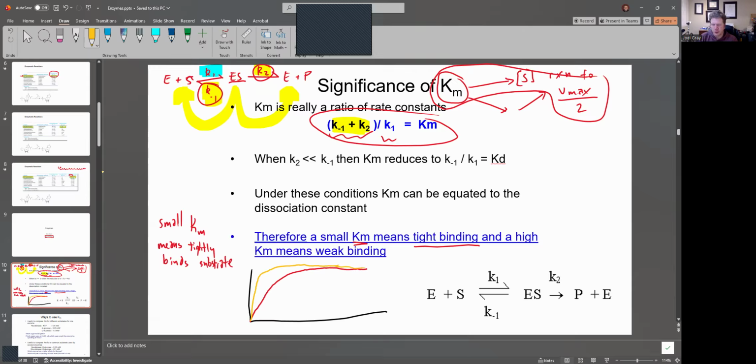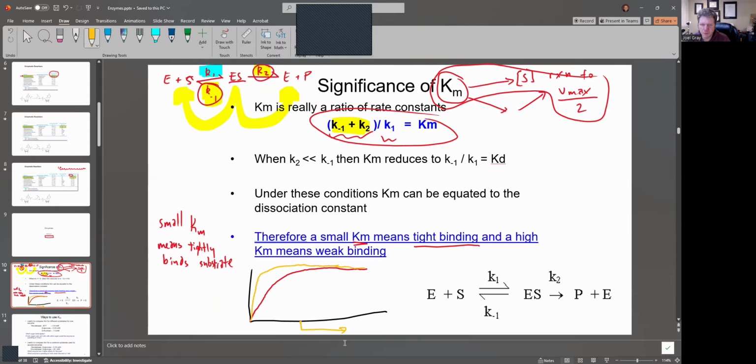The idea whenever you look at these two lines, I'll call them R and G, red and gold, is that they both eventually reach the same maximum velocity. So if you provide them with enough substrate, from here on they're going to be catalyzing the reaction at the exact same rate.